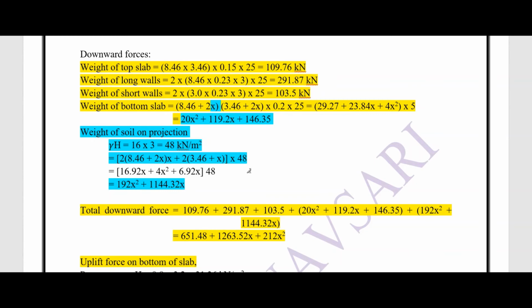So the value is 192x square plus 114.32x.